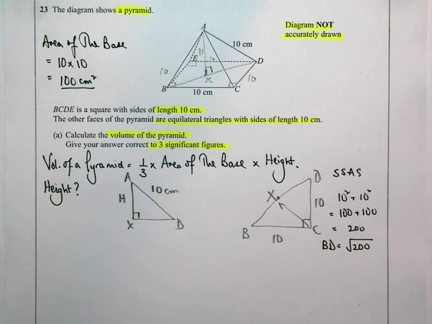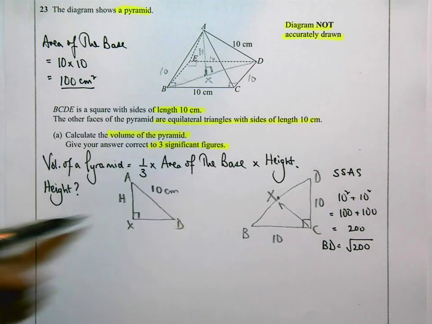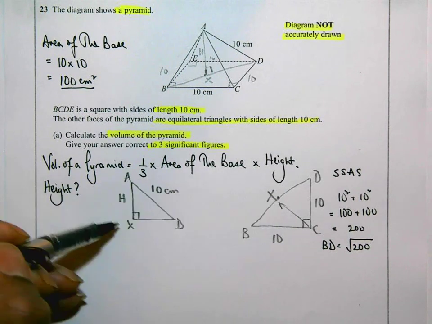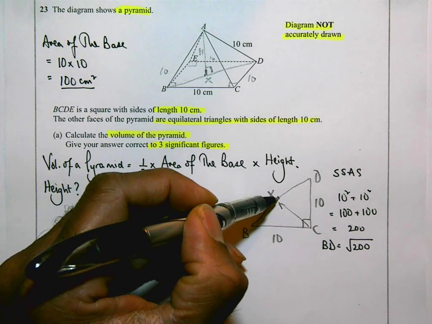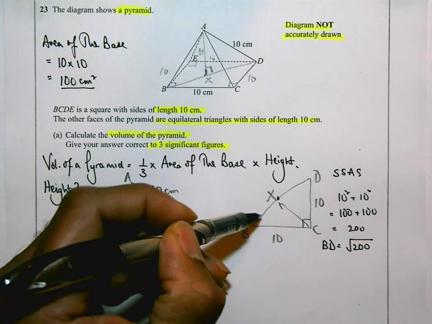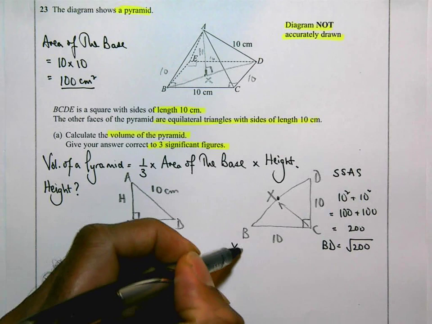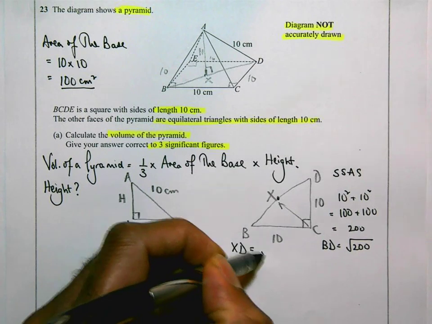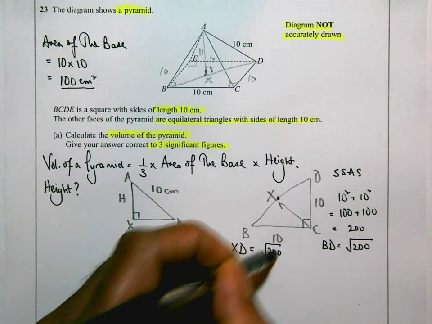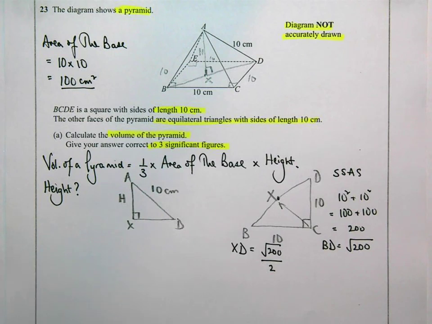For my question here, I wanted just XD, and this is going to be halfway. It's going to be the midpoint of that. So what that means is that XD is going to be the square root of 200 divided by 2. Using my calculator, I can work that out.